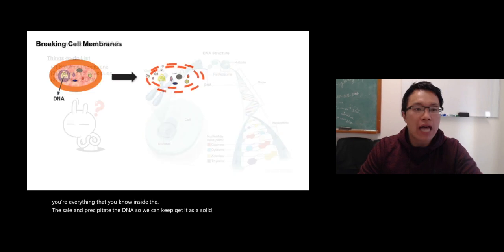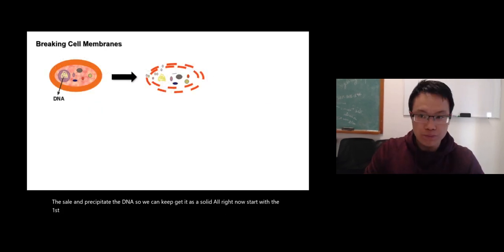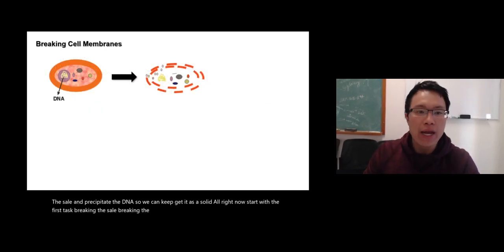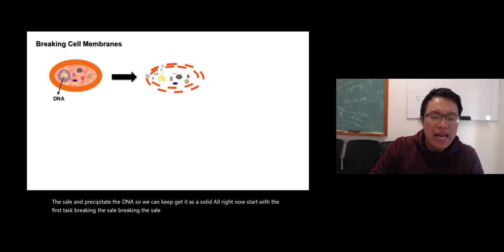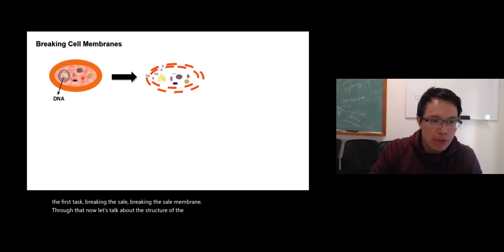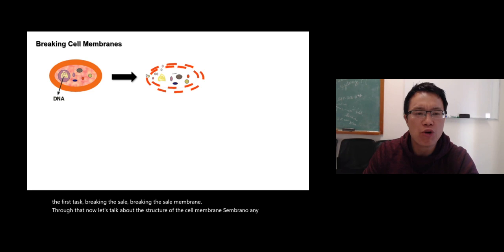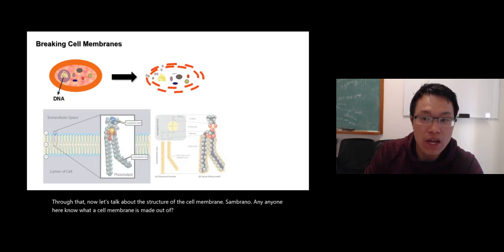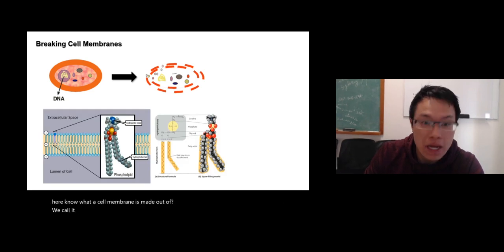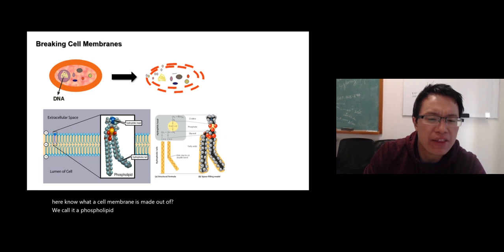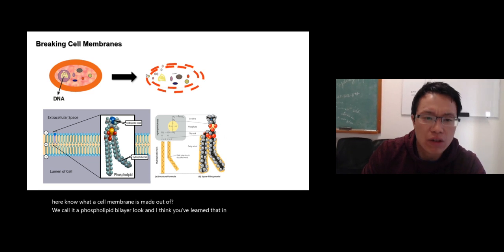All right. Now start with the first task: breaking the cell membrane. To do that, let's talk about the structure of the cell membrane. Anyone here know what a cell membrane is made out of? We call it a phospholipid bilayer. I think you've learned that in a biology or cell class, right?